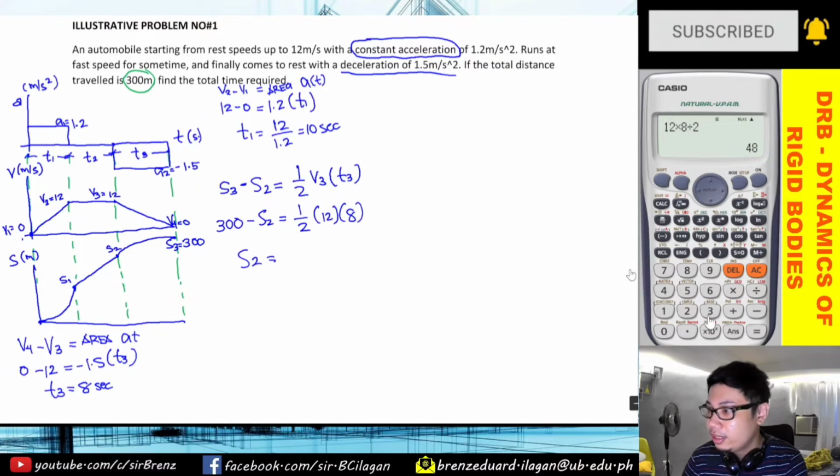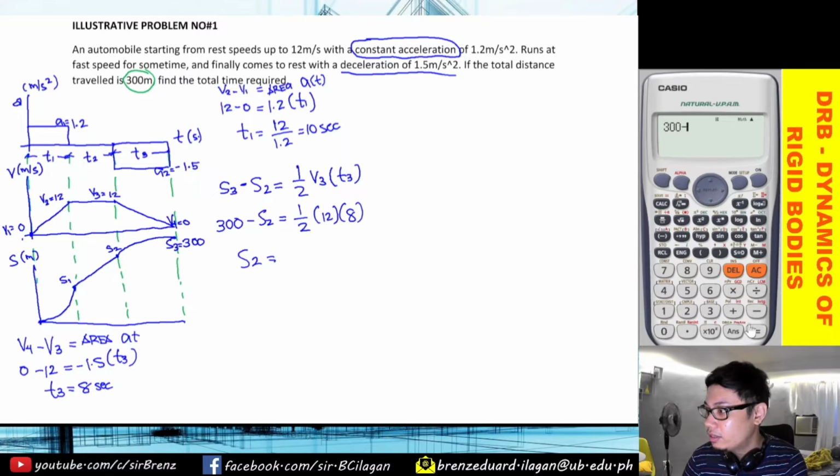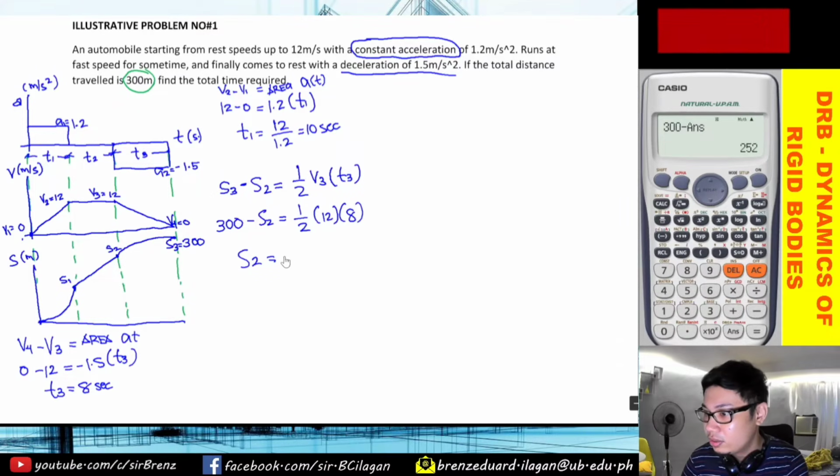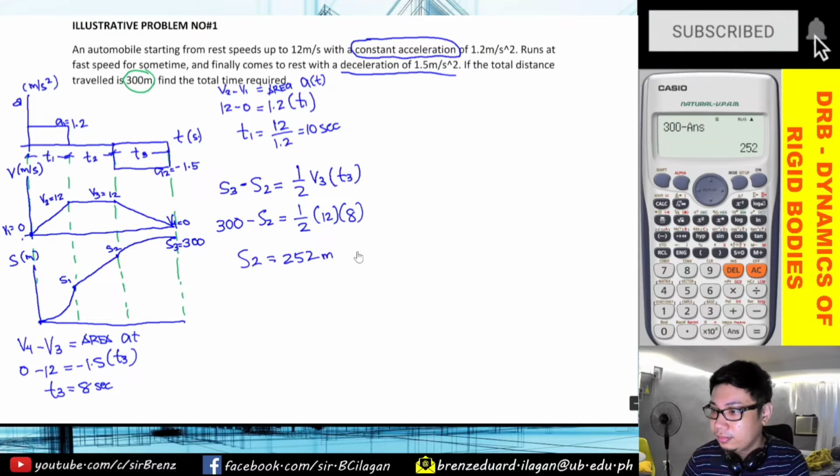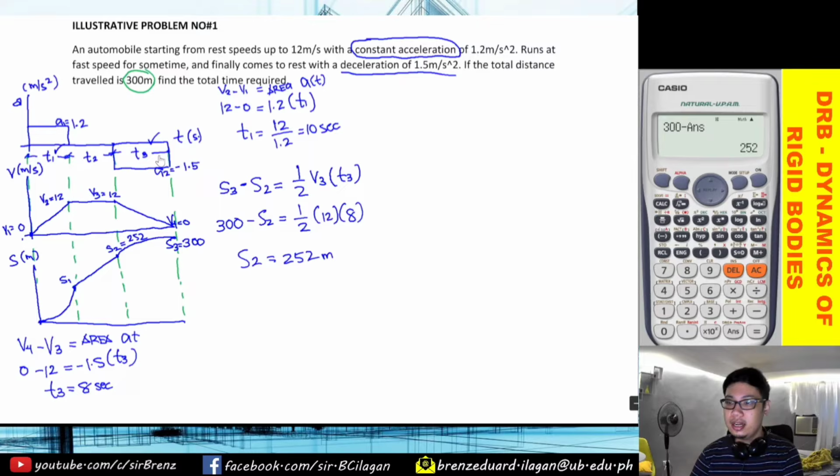So, 48 transpose. So, 300 minus answer. So, that is 252. Okay, so lagyan na natin to ng value, 252. Ito, check na. Check.